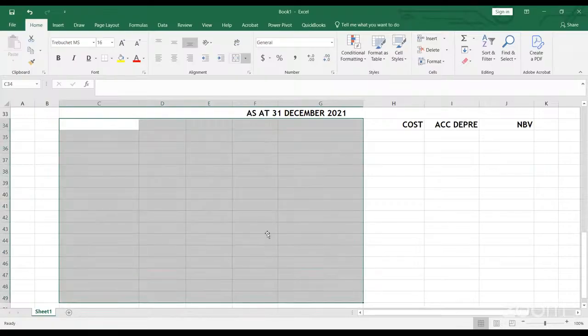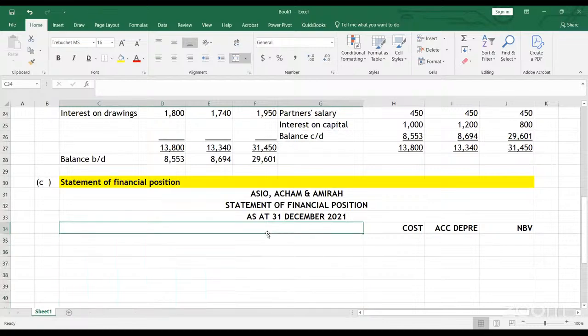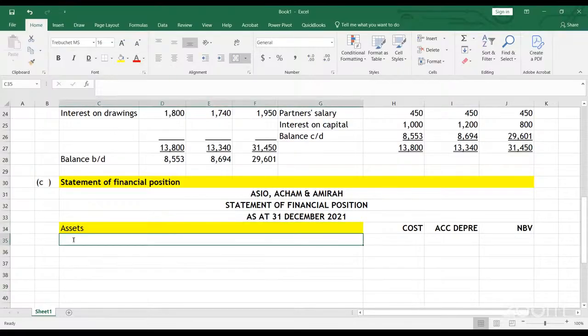Okay, so we start with our assets. That would be the first heading, assets. So we try to show the assets first, and we start with non-current assets. Other non-current assets, what do we have? Someone check the trial balance, get for us the non-current assets.